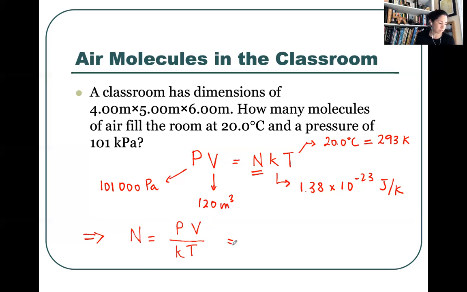So 101,000 pascals times 120 cubic meters divided by 293, and finally divided by 1.38 times 10 to the negative 23.